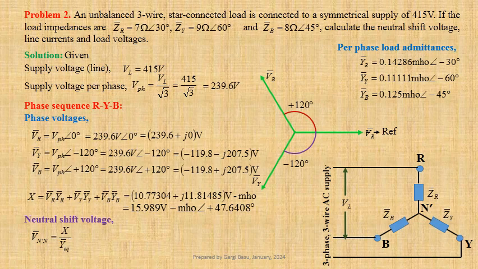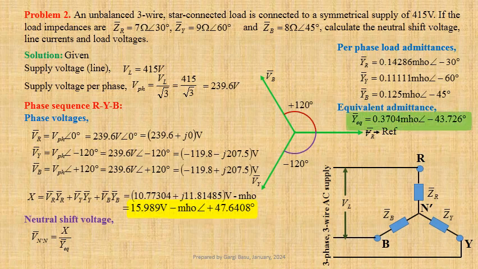Expression for neutral shift voltage Vn' equals x divided by Yeq. We have determined equivalent admittance Yeq equals 0.3704 mho at an angle minus 43.726 degree.